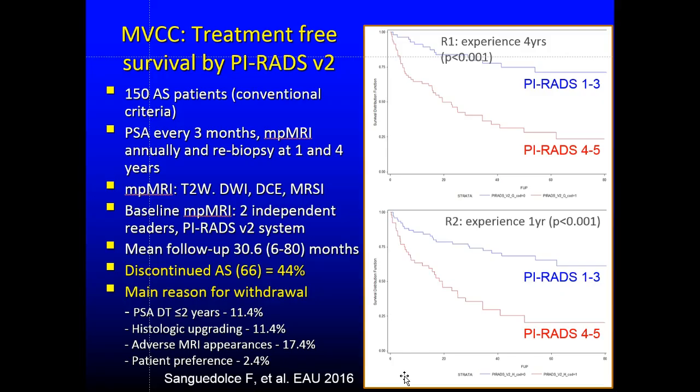And just classifying patients according to their PIRADS score, you can see that if you have a PIRADS score of 4 or 5, then your treatment-free survival is much less than if you have a PIRADS score of 1, 2, or 3, and it didn't really matter what sort of experience you had.